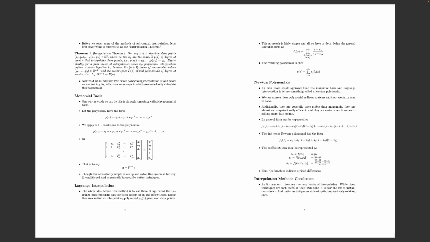That is to say, and I just wrote the shorthand for this, we're looking for a linear transformation L sub n, which takes us from the vector space R n+1 to the polynomial space. So this isn't real important. I just included this to stay as general as possible, but this is not something you're using. This is just the theorem behind it.